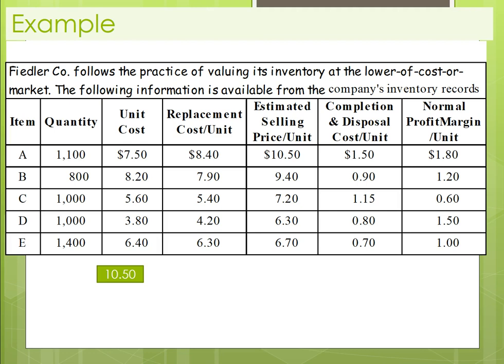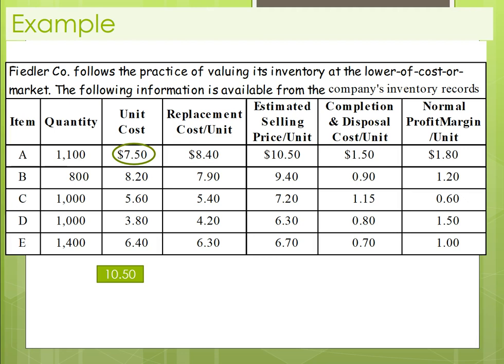So now let's take a look at a little example, and in this example we'll do product A. Here's the thinking process we would go through. First of all, the unit cost is $7.50. Now what we're trying to do is compare this to an amount to see, does this fall within that range, our ceiling and floor.